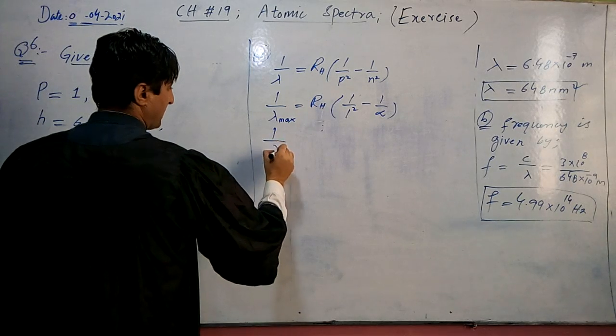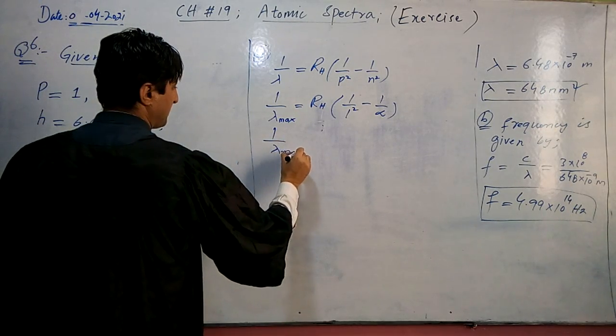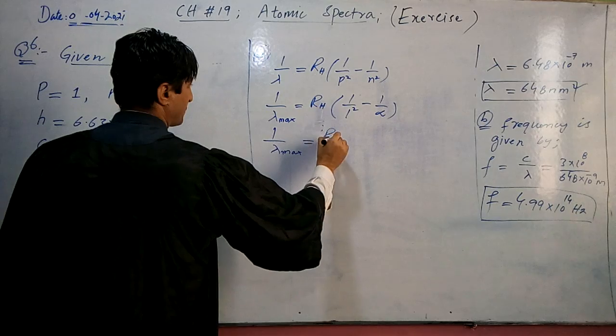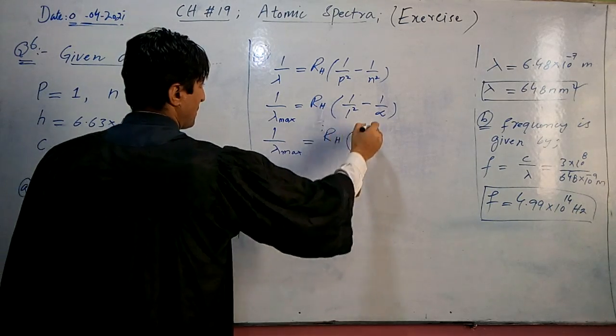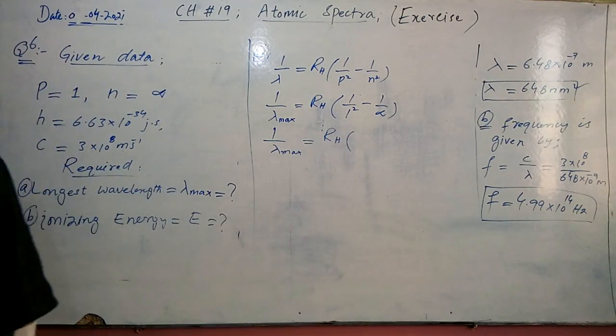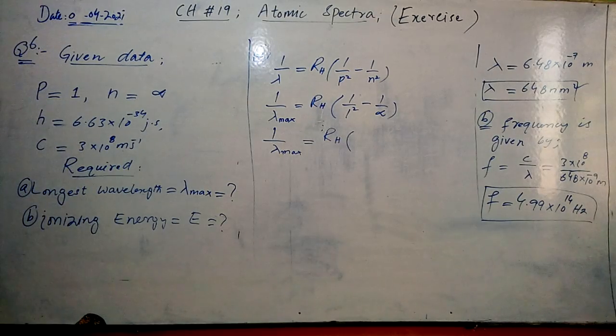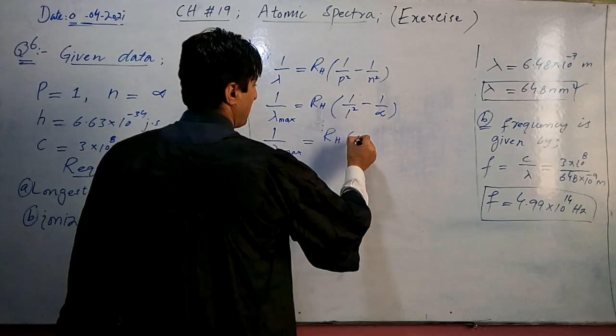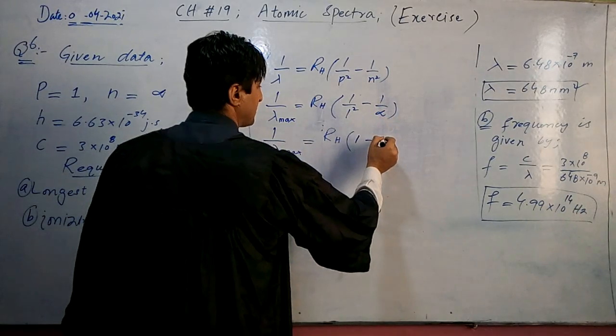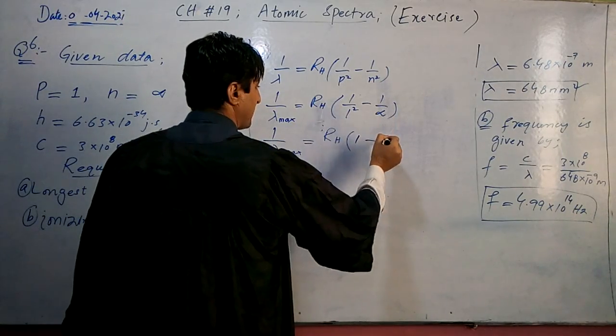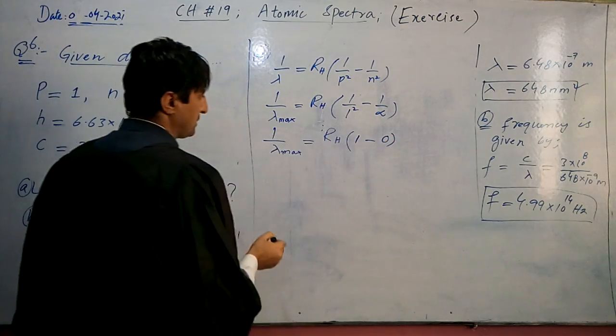So we can write 1 upon lambda maximum is equal to RH into 1 upon 1 minus 1 upon infinity. This becomes 1 minus 0, since anything divided by infinity is equal to 0.